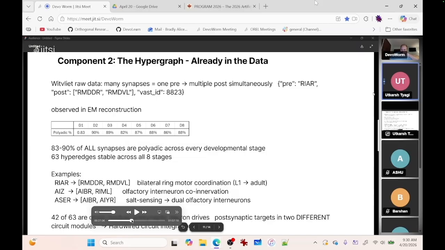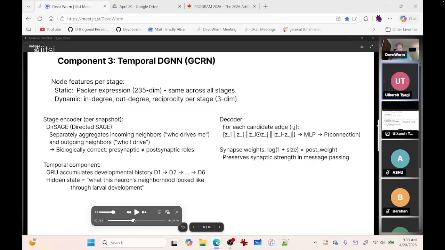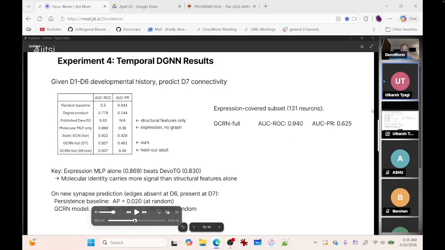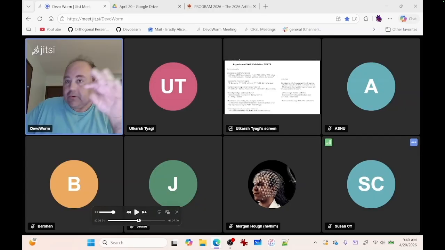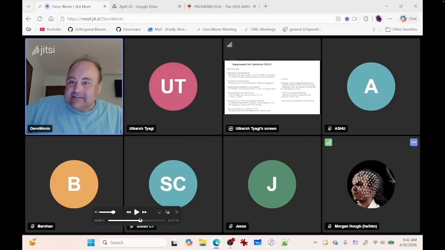You just need to recover the hypergraph. And then this temporal developmental GNN, which he calls the GCRN. He set this up and then showed some results from that, and then validated some of this as well. So it's some pretty good work by Utkarsh.